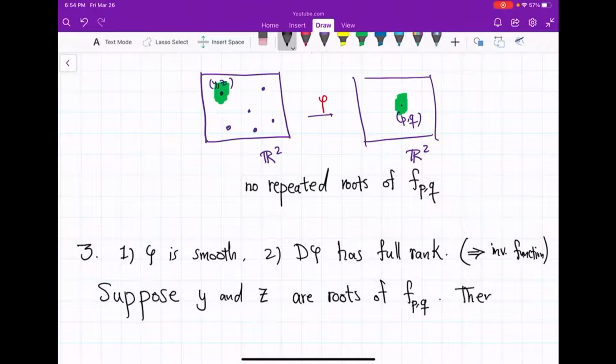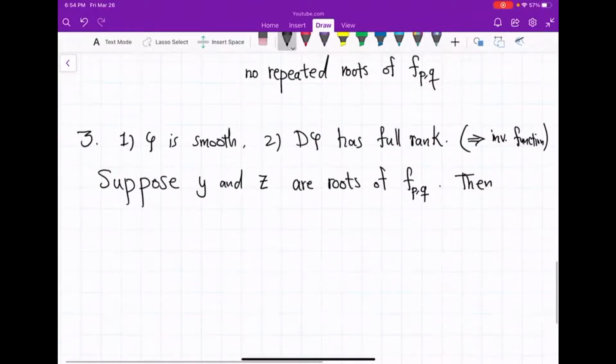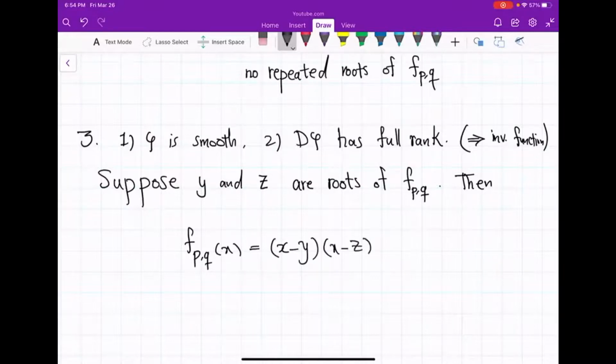Then FPQ of X can be factored into X minus Y, X minus Z, and then a linear part, which is A X minus C for some A and C.